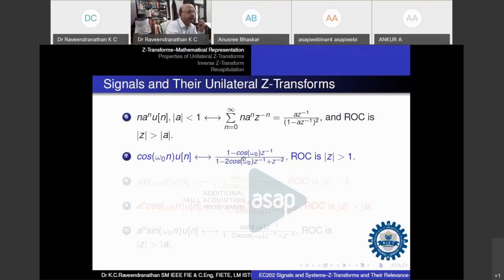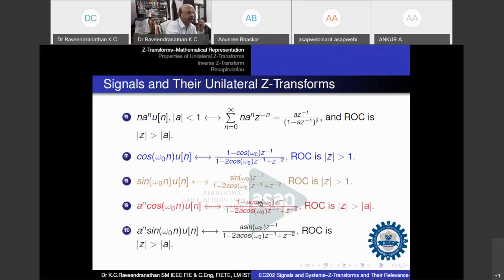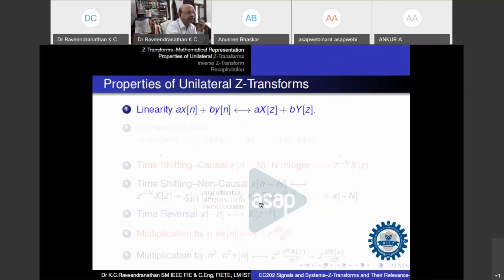So this is the Z transform, the frequency domain representation of this time domain function. These are the other expressions. In fact, we can generate all these expressions using a MATLAB function in the Symbolic Math Toolbox called ztrans. We'll come to that point later on.